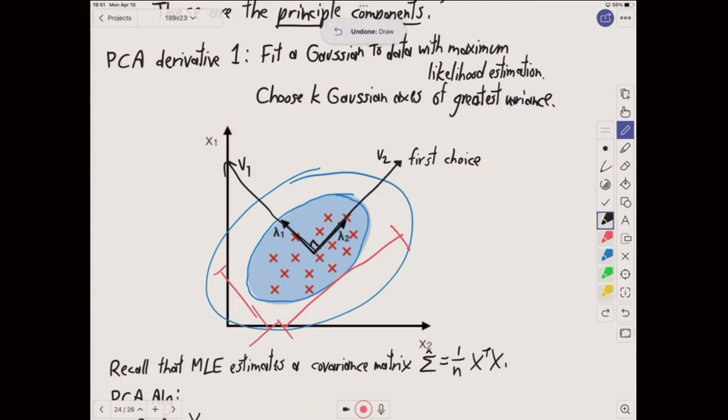And then when I'm done with that, now I want to solve the problem of optimizing either the function from derivation 2 or the function from derivation 3. Doesn't matter which one I'm optimizing. Either way, the goal is to find a direction that is orthogonal to the first direction that either maximizes the variance or minimizes the sum of squared projection distances.